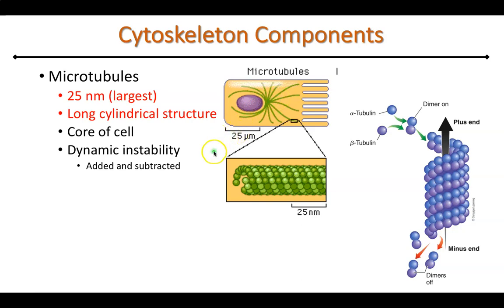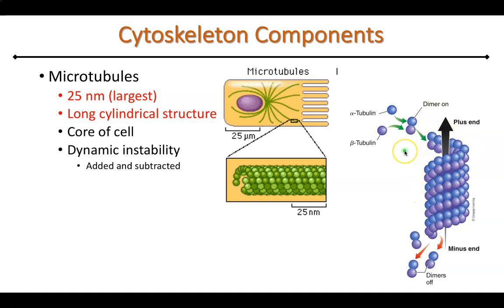They are a little bit different because they have this characteristic called dynamic instability. So if you've heard of the term dynamic, that usually means a lot of movement or a lot going on. Instability is where something is unstable. So you basically can add or subtract to either end of the microtubule to give it length.